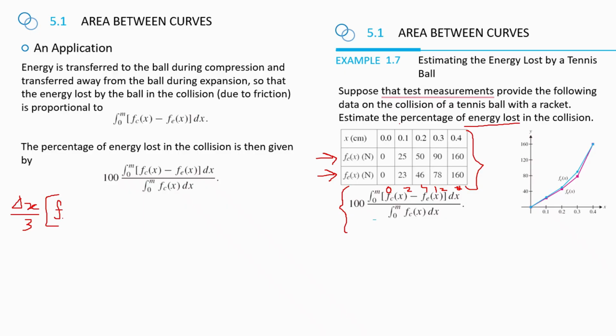times the first function value, which is f0(x), no change, and also the last value, no change. Let us consider it as fn(x). In between, what happens?